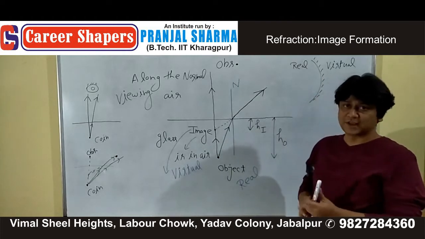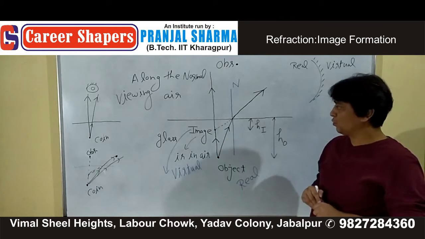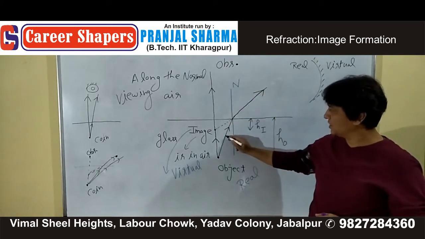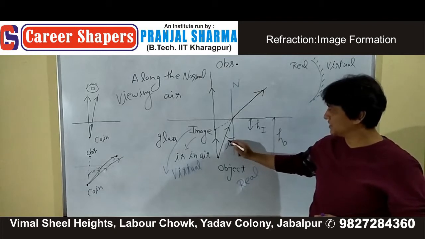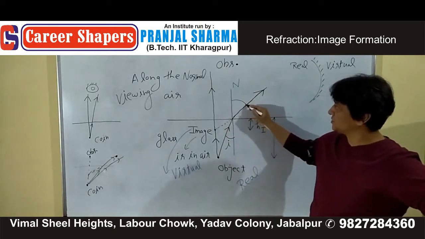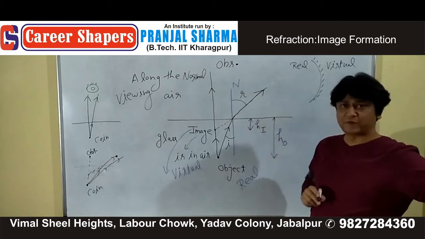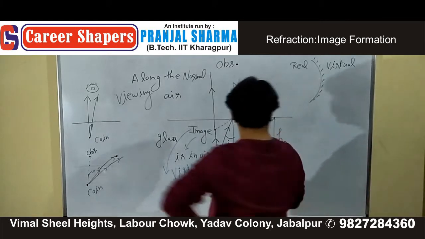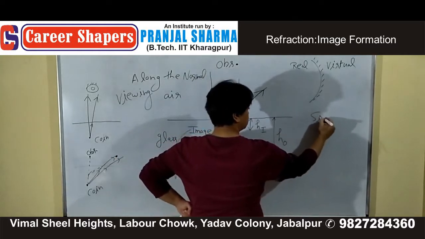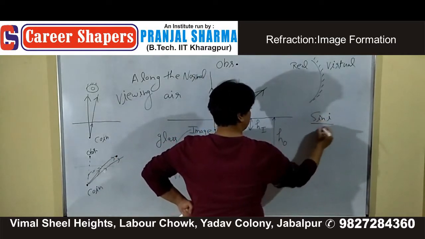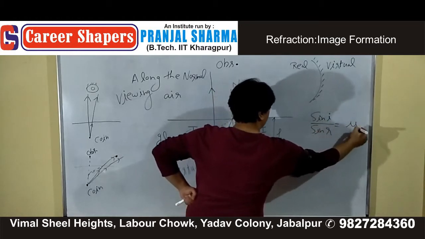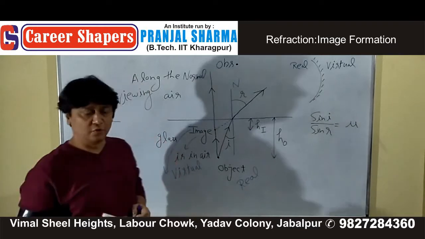Now let's use the concept of Snell's law. Where is angle I? That's your normal. This is the incident ray. This is your angle of incidence I. Normal, refracted ray. This is angle of refraction R, which means we can write sine I upon sine R. Now if you write mu, be careful.